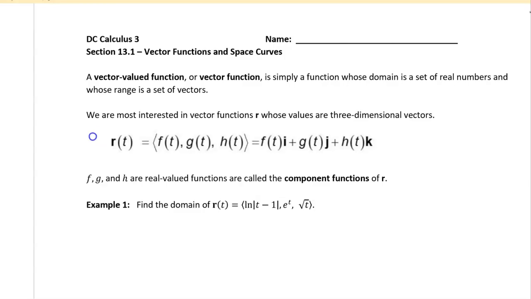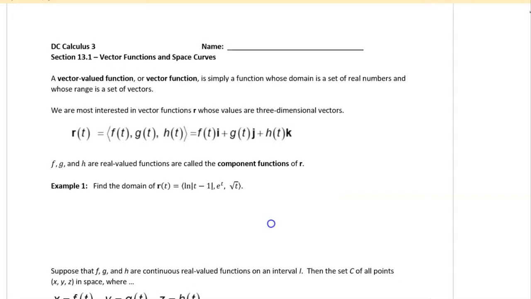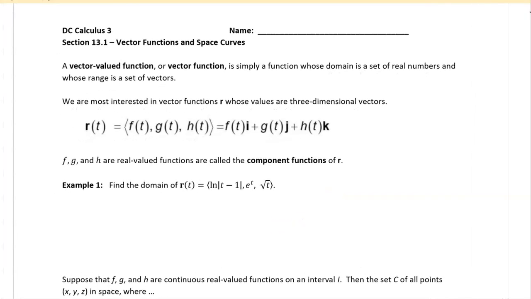So a vector valued function, or a vector function, is going to be a function whose domain is a set of real numbers and whose range is a set of vectors. So we are going to plug a number into a function r, and our output is going to be a vector, which essentially comes from plugging our number into three different functions and getting a vector answer.